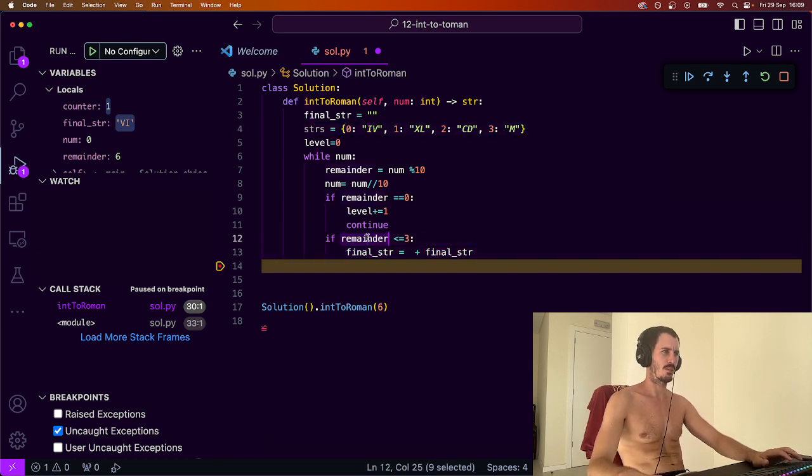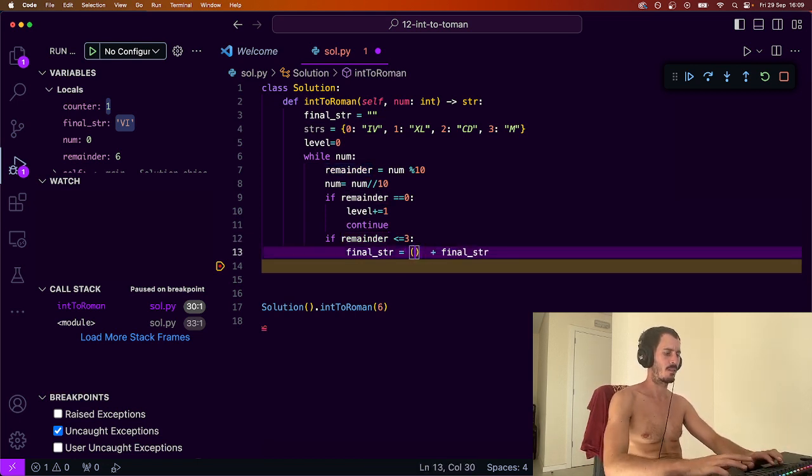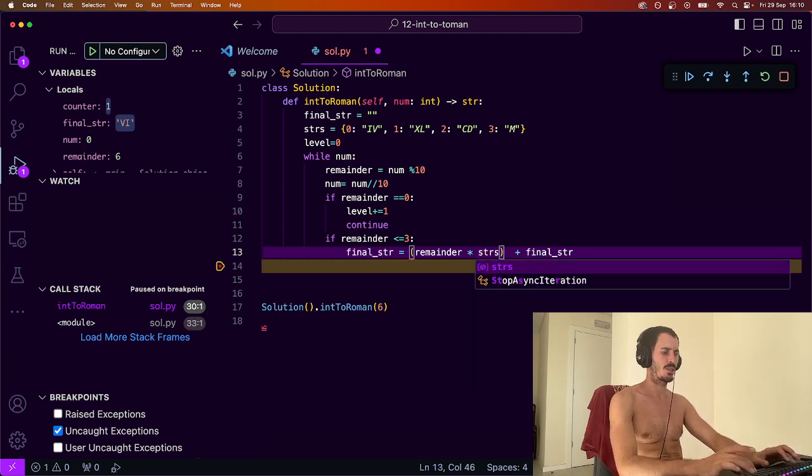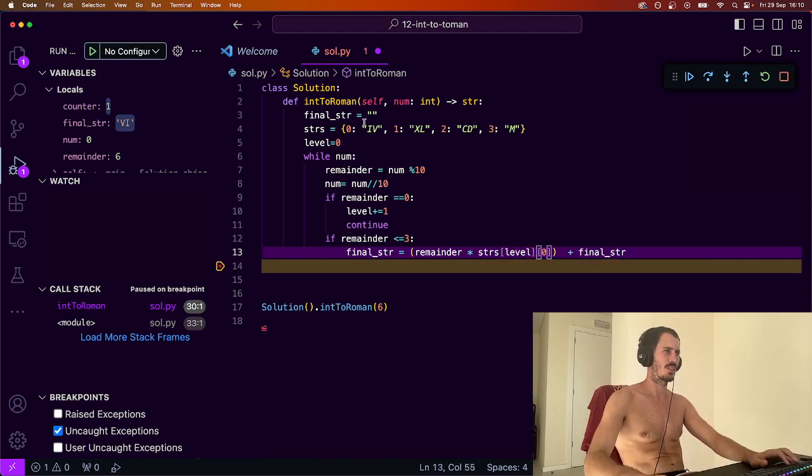So it's going to be remainder times the character I, and the character I is strings of level, index 0. Cool. We do that.